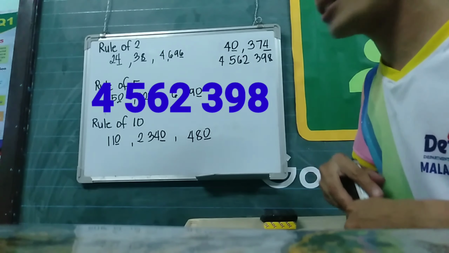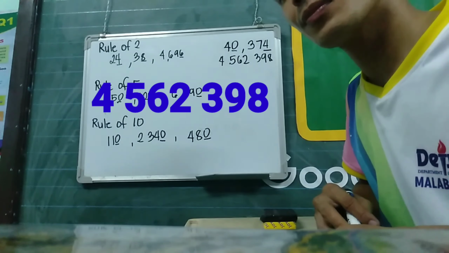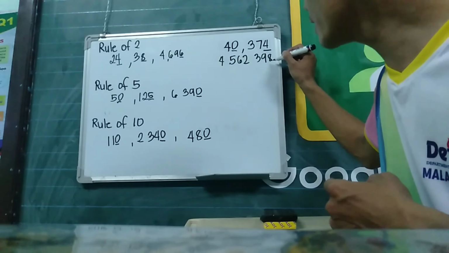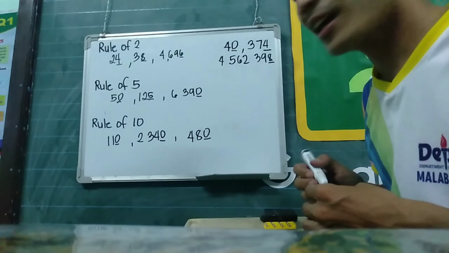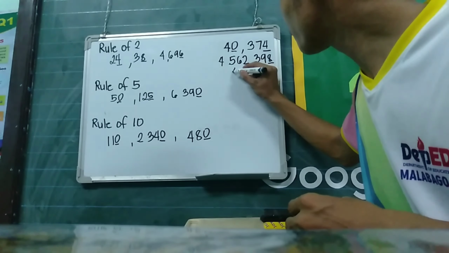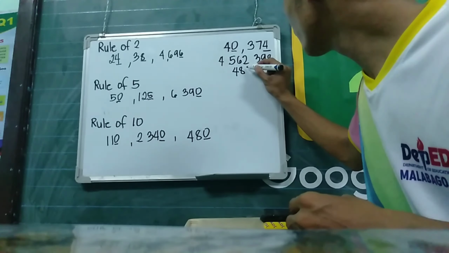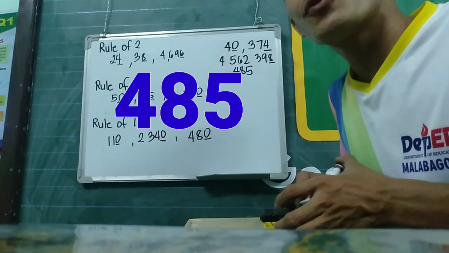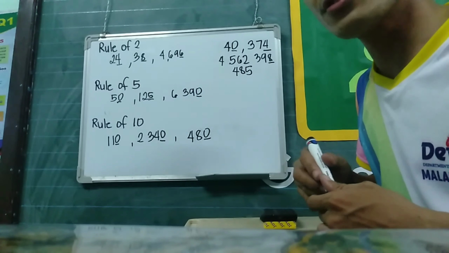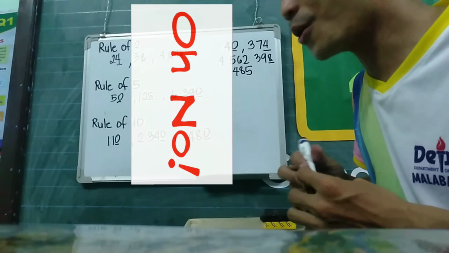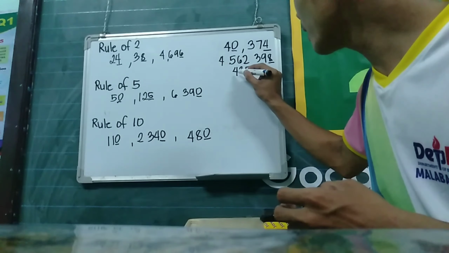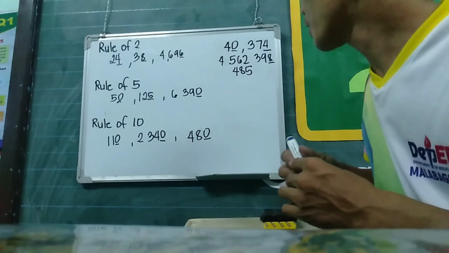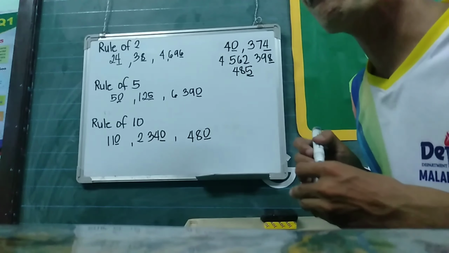Is it divisible by 2? Yes, divisible by 2 because the last digit is 8. Okay, how about this one? 485. 485, is it divisible by 2? Oh no! No. 485 is not divisible by 2 because the last digit is 5.